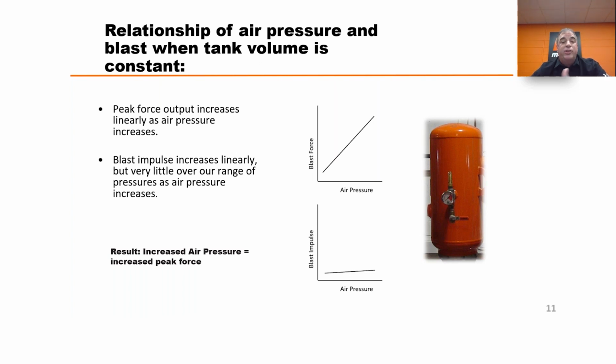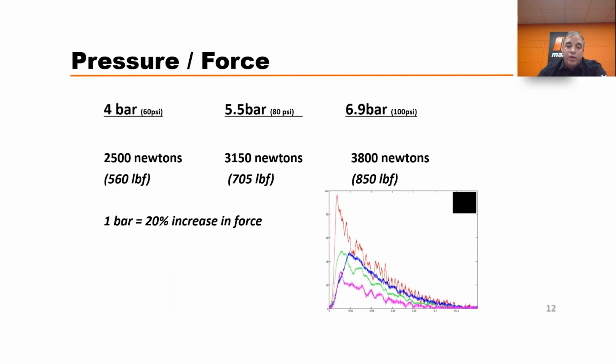Again, we aren't going to change the tank. So in order to increase the performance of the air cannon itself, the easiest way to do that is being able to increase your air pressure. So I'll show you a couple examples. At 4 bar, if your cannon can produce 2,500 newtons of force, at 6.9 bar, it's going to produce 3,800 newtons of force.